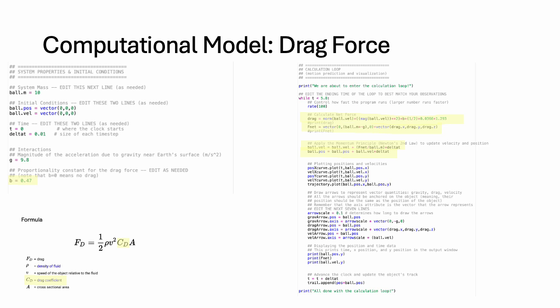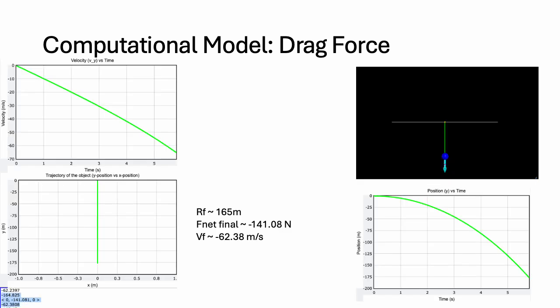For the cross-sectional area of the bowling ball, I used pi r squared, which would be 0.0366. Using that, I used the same code from Lab 2 to calculate the F net, the change in F net, and then the change in velocity and change in position. I found this model as it falls through. The time was a little bit off, so I went back and had the model print out the final position at each step.